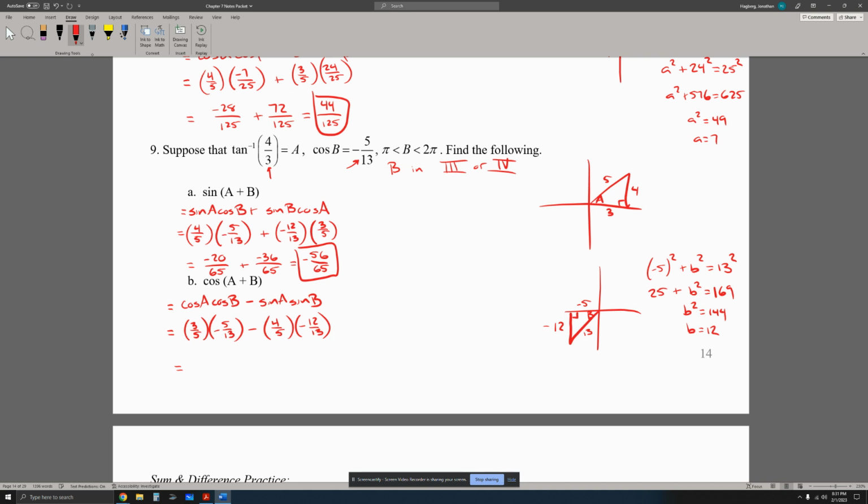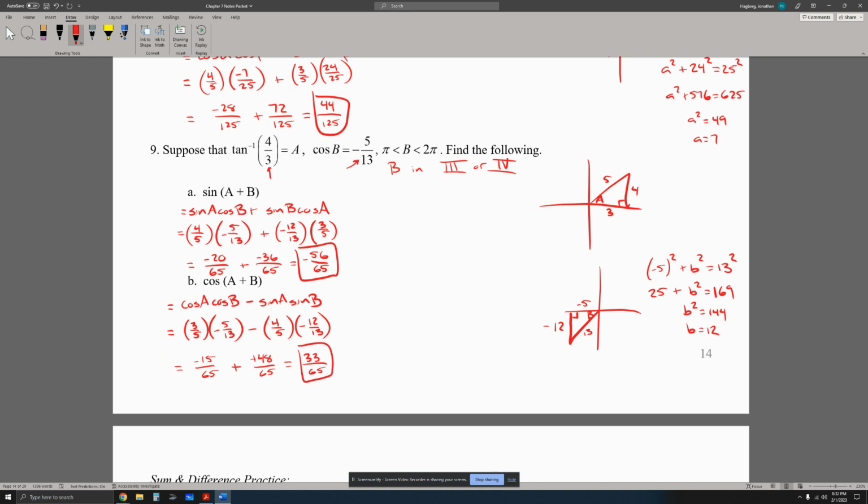So this is equal to negative 15 over 65, and then minus a negative 48 over 65. So subtracting a negative, we can make that both positive, adding a positive here. So 48 plus negative 15 would be 33/65.